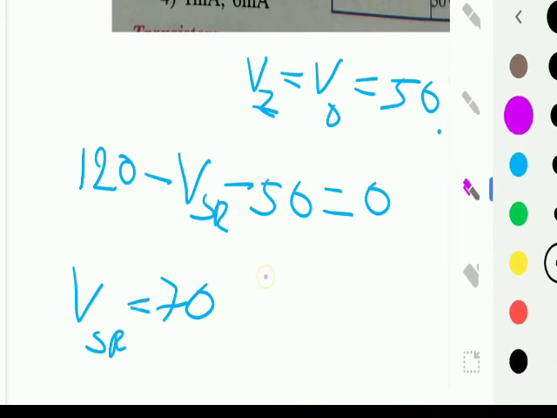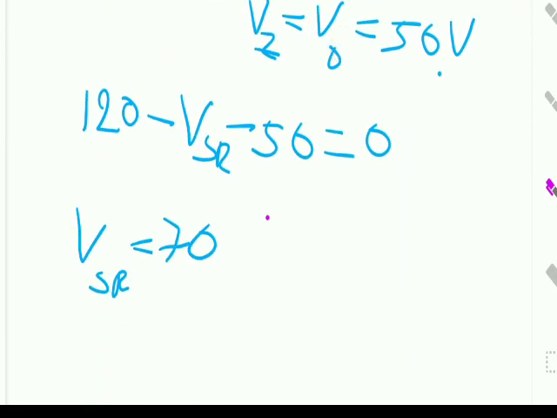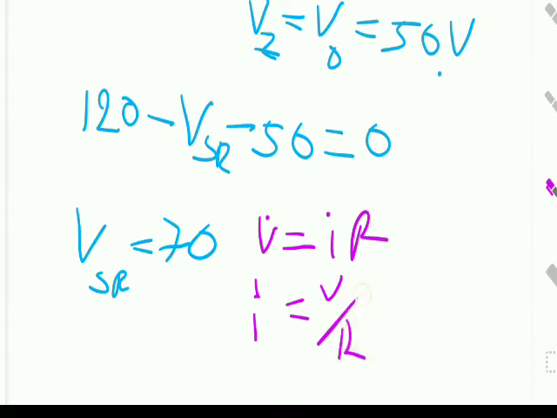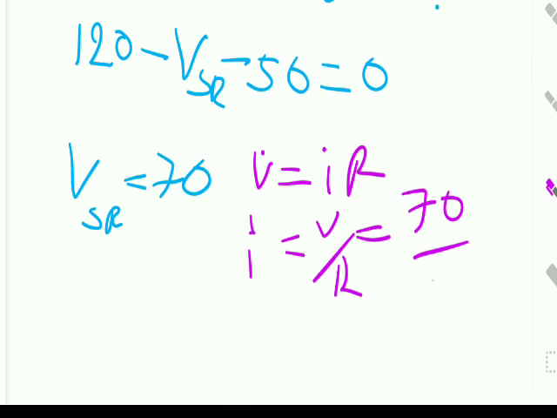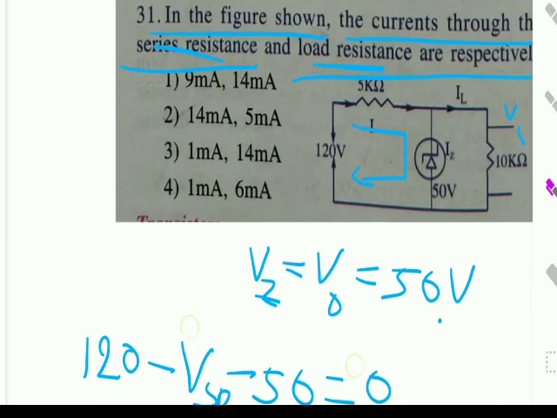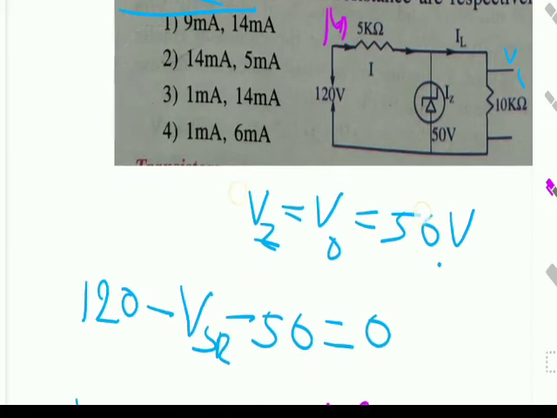Then we write the current: V is equal to I into R, then I is equal to V by R. Potential is 70, R is equal to 5, so 5 14s are 70. 14 amps. Here the current passing through the resistor R1 is 14 milliamps.